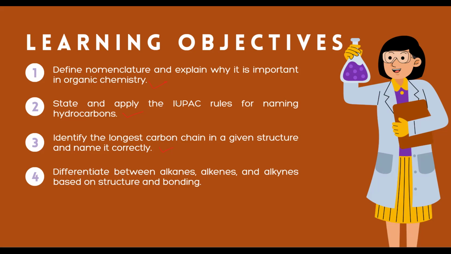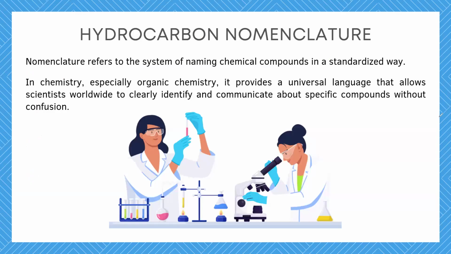Identify the longest carbon chain in a given structure and name it correctly. Number four, differentiate between alkanes, alkenes, and alkynes based on their structure and bonding. We're going to be seeing what they are in today's class. Are you excited about what we're set to do today? Yes, sir. Beautiful. So let's get into what we have for today's class.